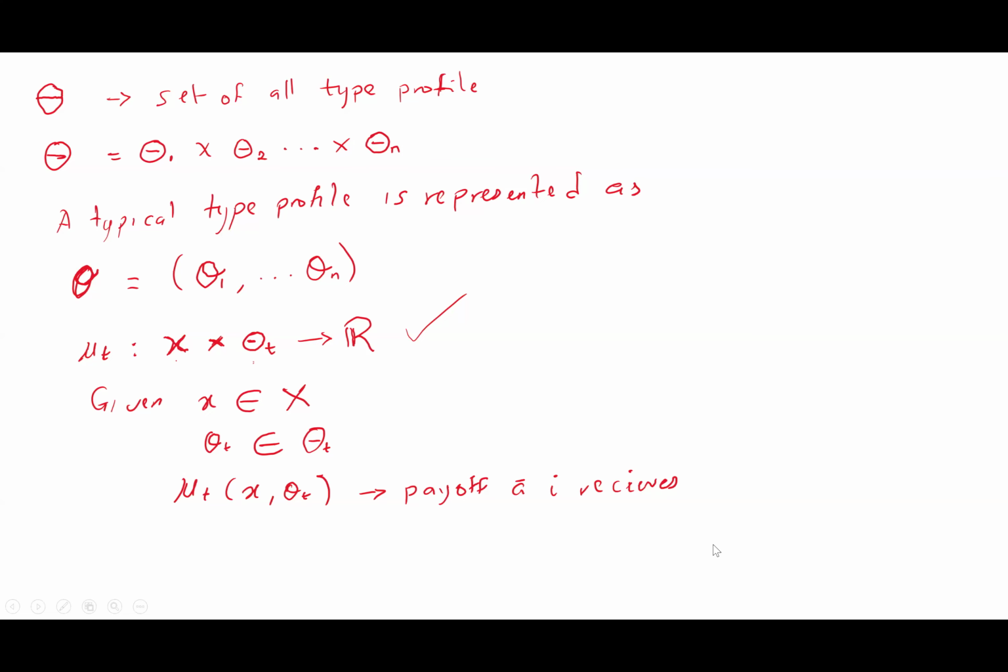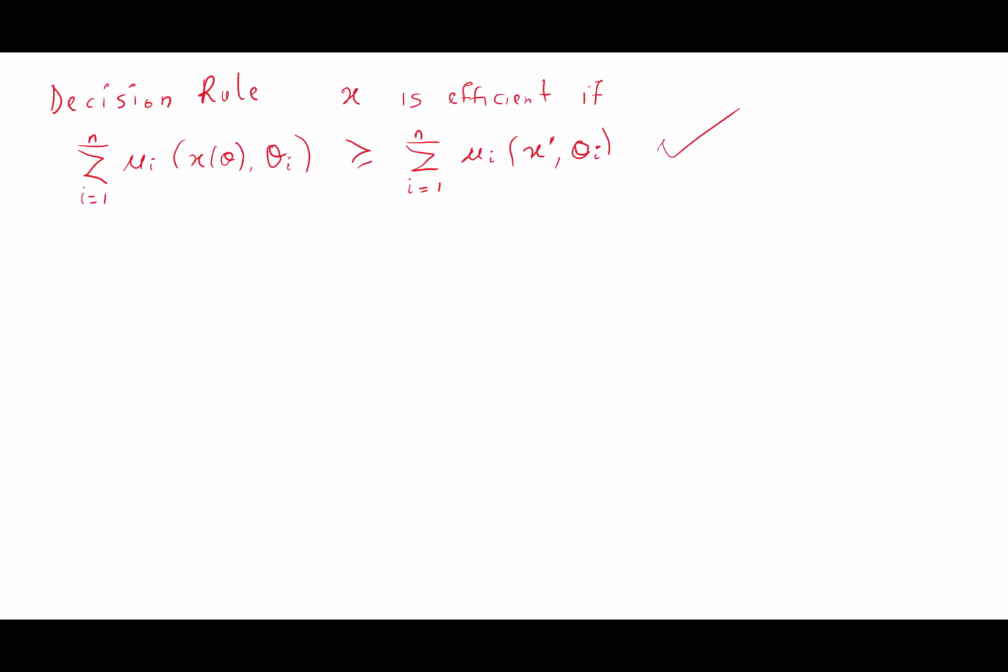Okay. So let's look at the final bit of what we are saying. Then I give you an example. So at the end of the day, whatever decision that we make, the outcome is efficient if the sum of the utility of each of the players of the game is greater than or equal to the sum of the alternative.